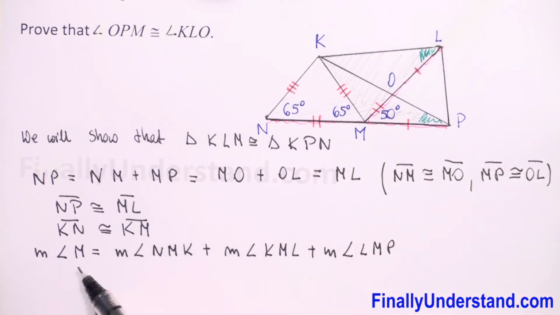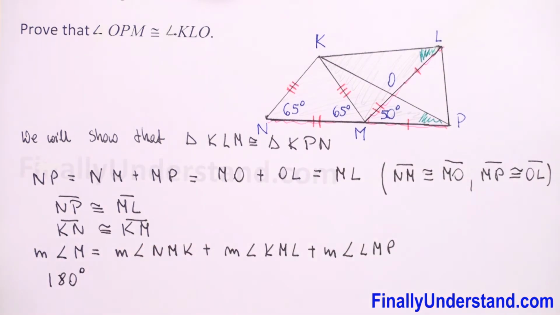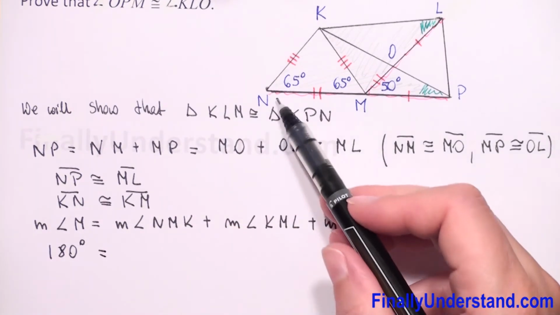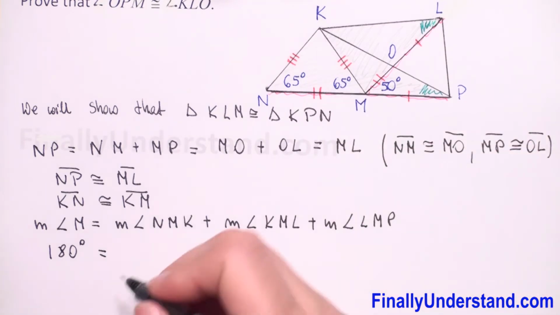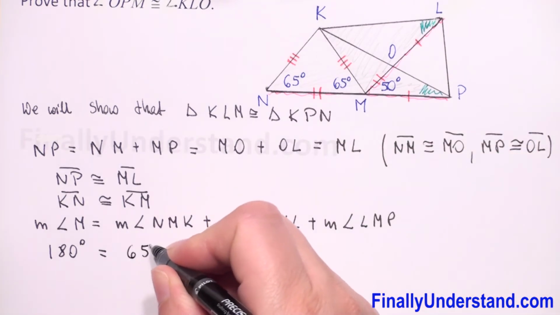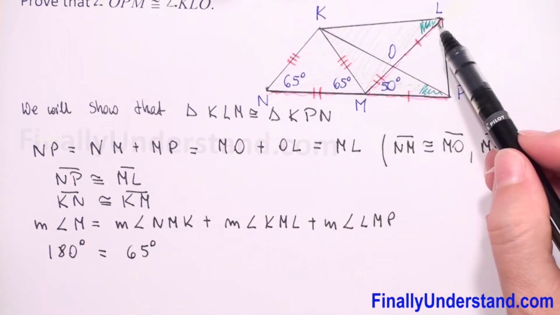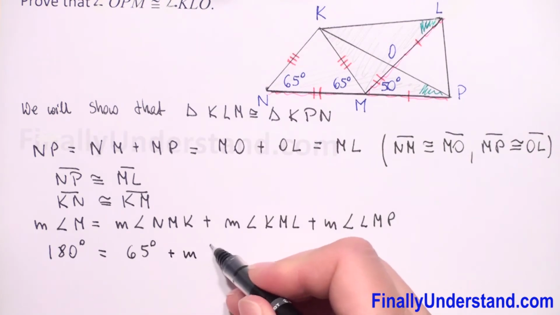So measure of angle M is 180 degrees, so we can put 180 degrees. This is equal measure of angle NMK is 65 degrees. Next, we have measure of angle KML, which we don't have, so we will copy.